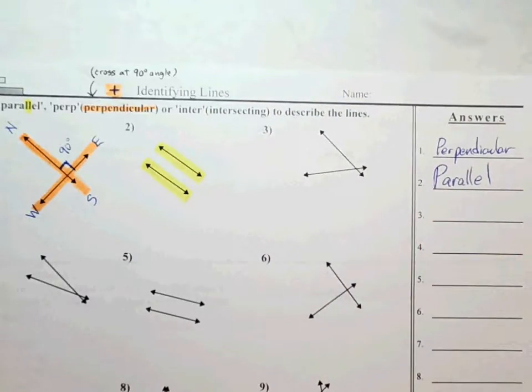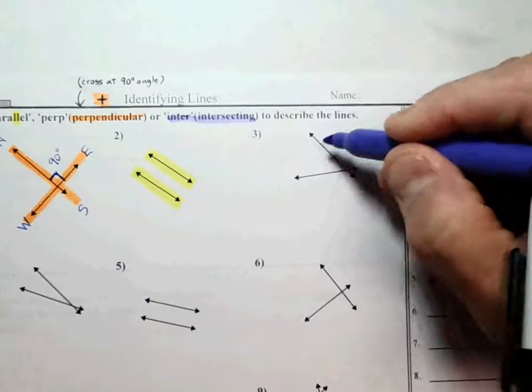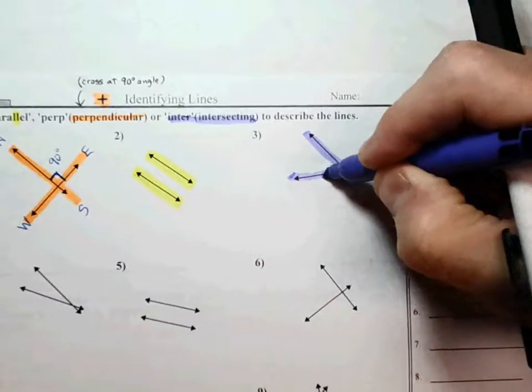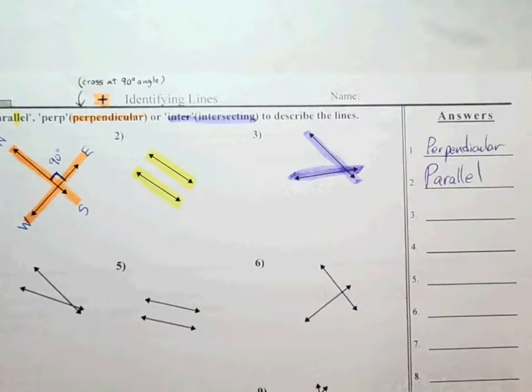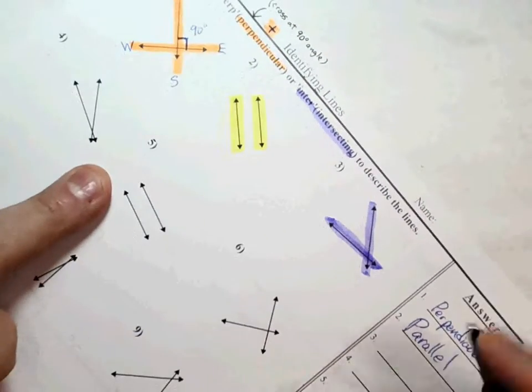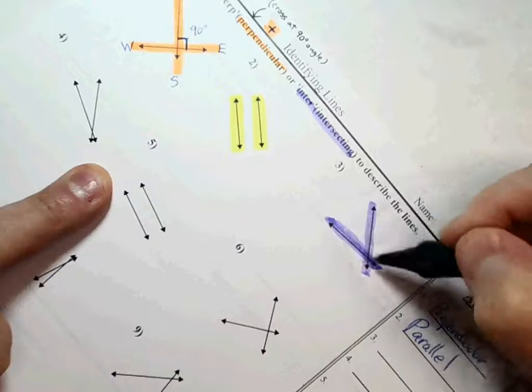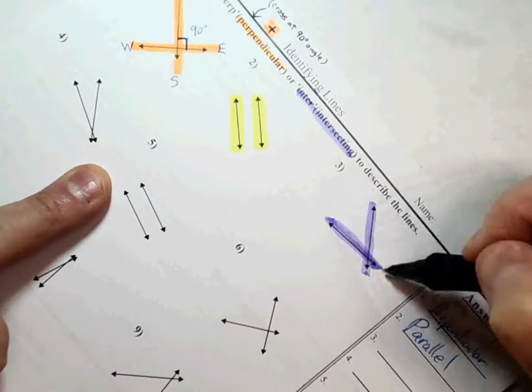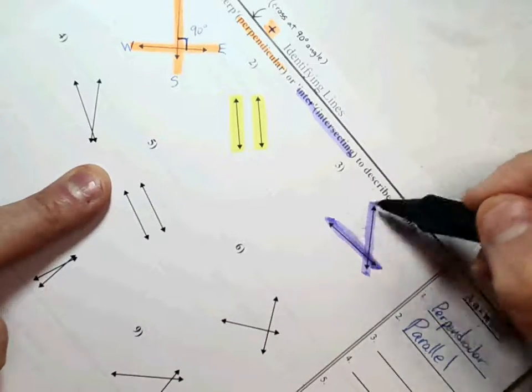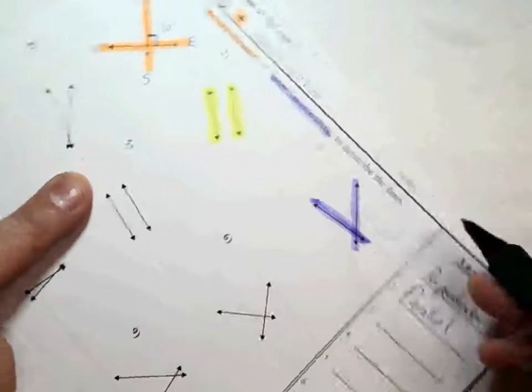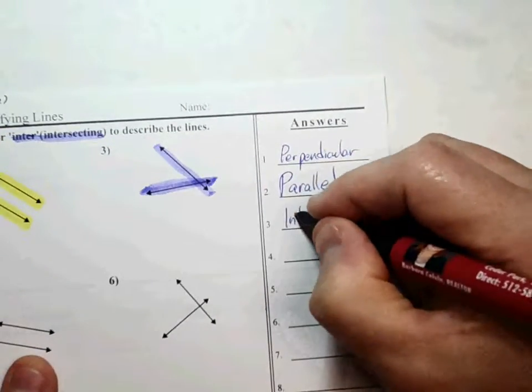So these right here would be intersecting. They do cross each other, but if I make this north and south, this is not true east and west. This is kind of like northwest and southeast. It's all whacked out, okay? So this one would just be intersecting.